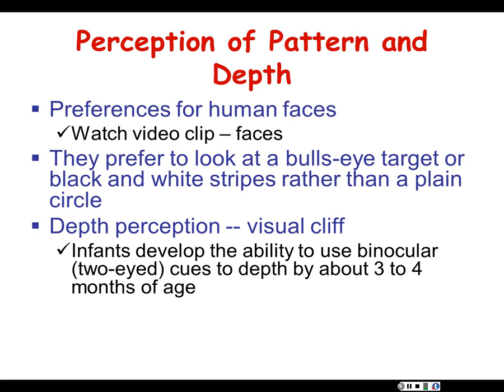The older babies who've been crawling longer, like 8, 9 months old, they'll stop and they won't go. So the best guess is that they've had more experience crawling, and maybe they've had some tumbles. Maybe they've fallen. They've had some experience in what happens if you go down something too steep.